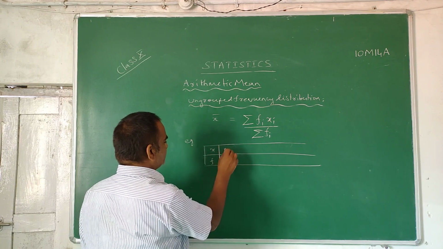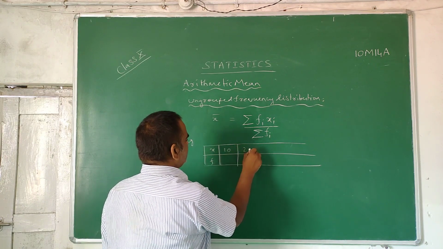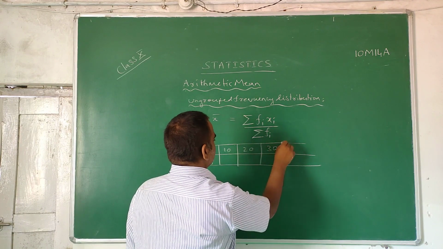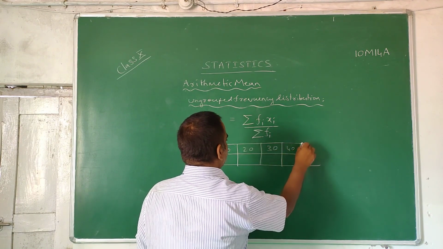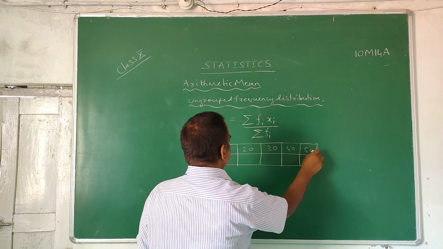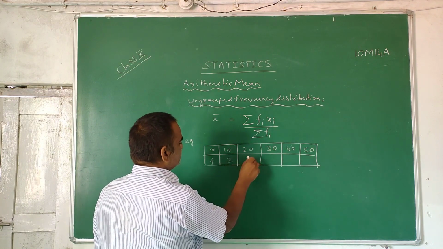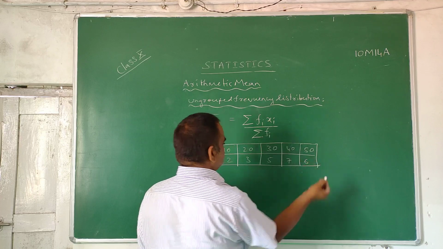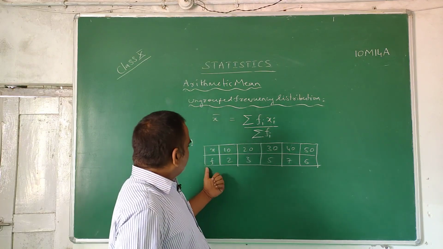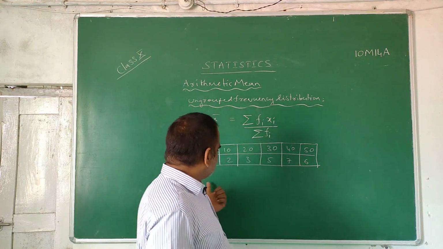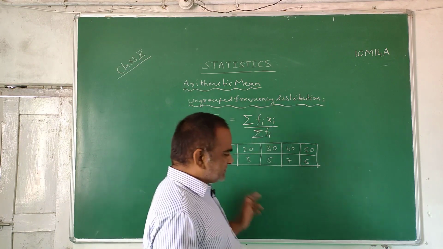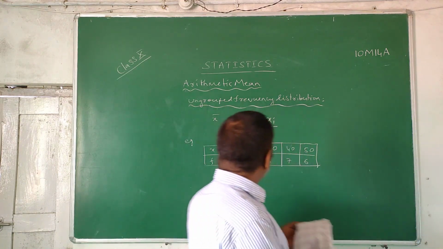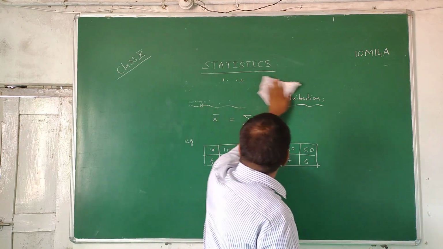So x is 10, 20, 30, 40, 50, and f is 2, 3, 5, 7, 6. So we have to calculate mean for this ungrouped frequency distribution. Then how will you proceed? You see here.